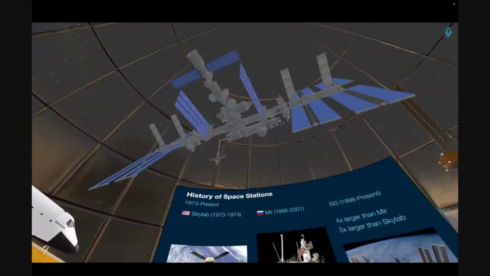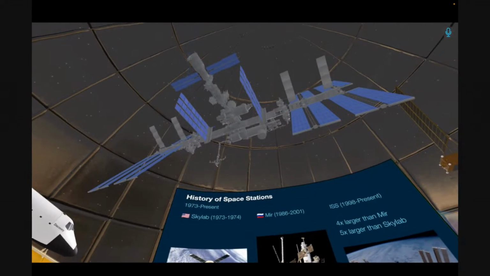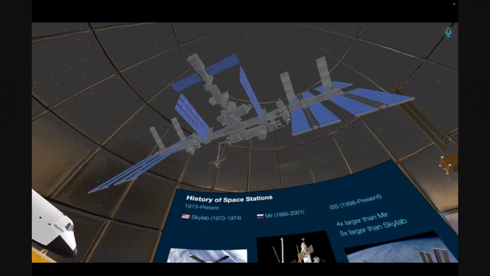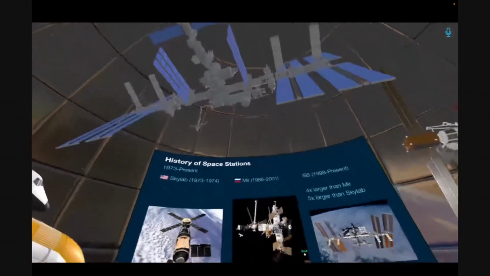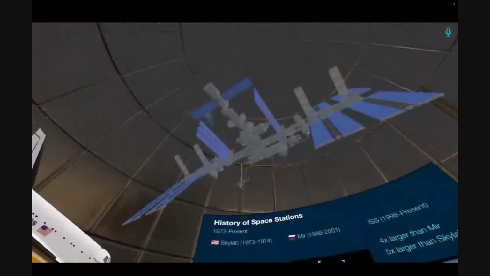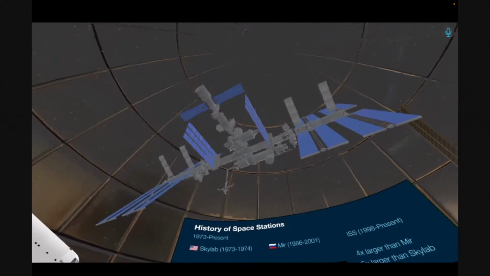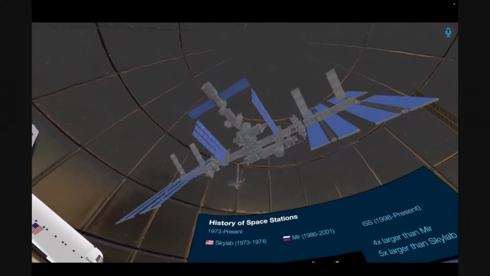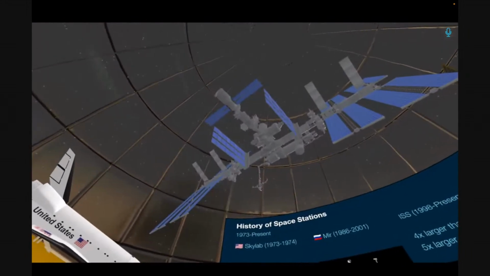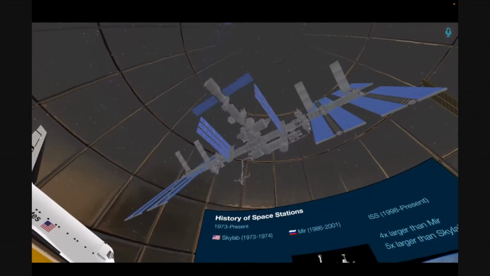It's over 4 times larger than the Mir space station and over 5 times larger than the Skylab space station. So the capabilities are much greater, and this was only possible thanks to the partnerships between the 5 space agencies that I spoke about in the previous slide. So this great achievement orbits our Earth today, and we're going to talk about its early construction in the next slide.